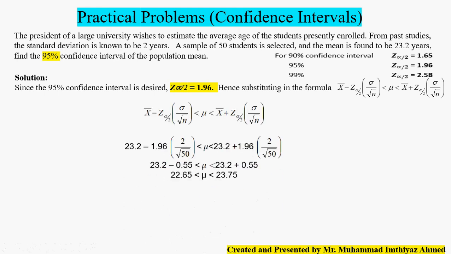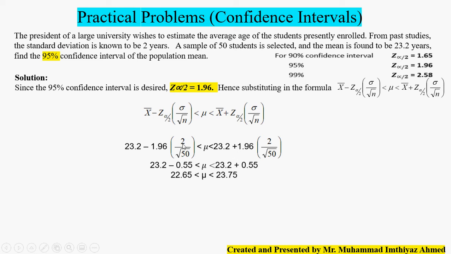After substituting the values in the formula, our mean is 23.2 given in the problem, and Z alpha by 2 for 95% confidence level is 1.96. Our standard deviation is given as 2 years and the sample size n is 50. So if you know one side, the other side is the same, only you need to use plus.